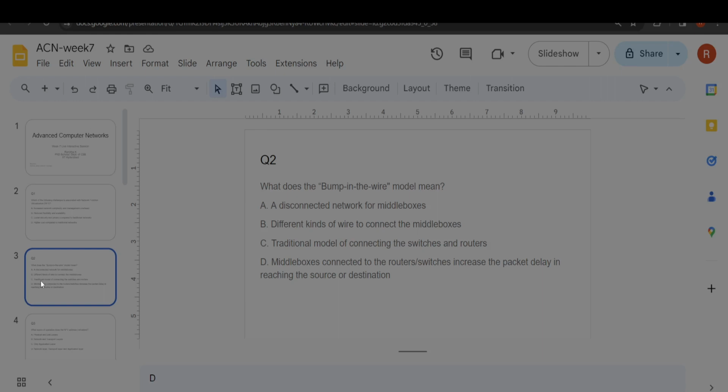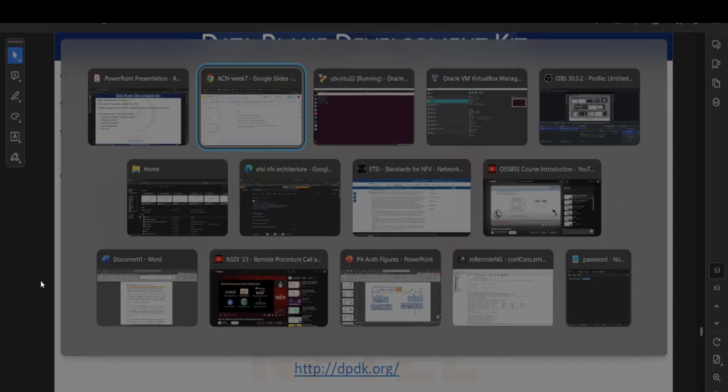Three, traditional model of connecting the switches, routers, and the middle boxes connected to routers or switches. Four, switches and routers increase packet delay estimation. Yeah, please take a look at this question and then we can discuss.